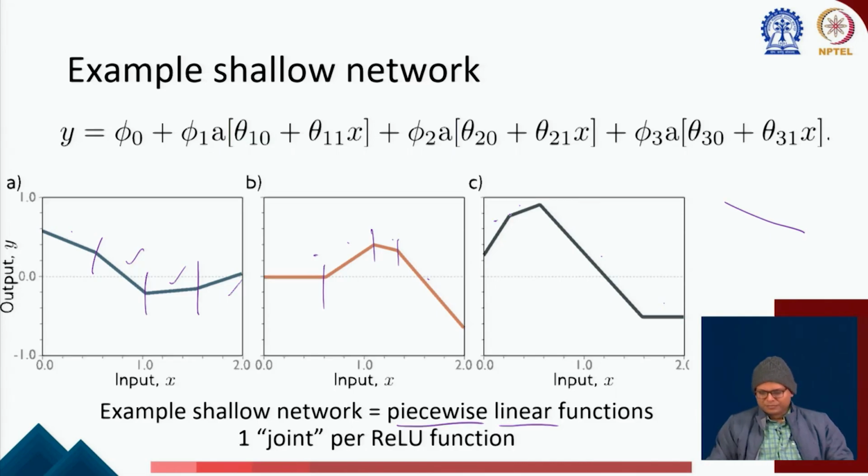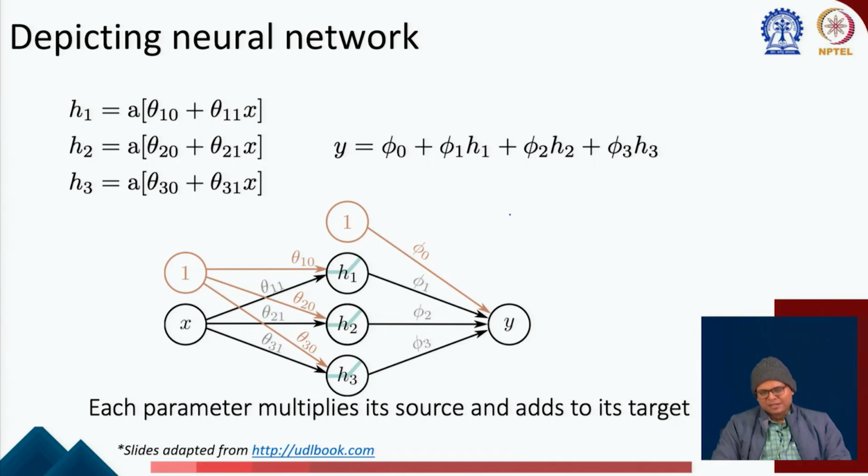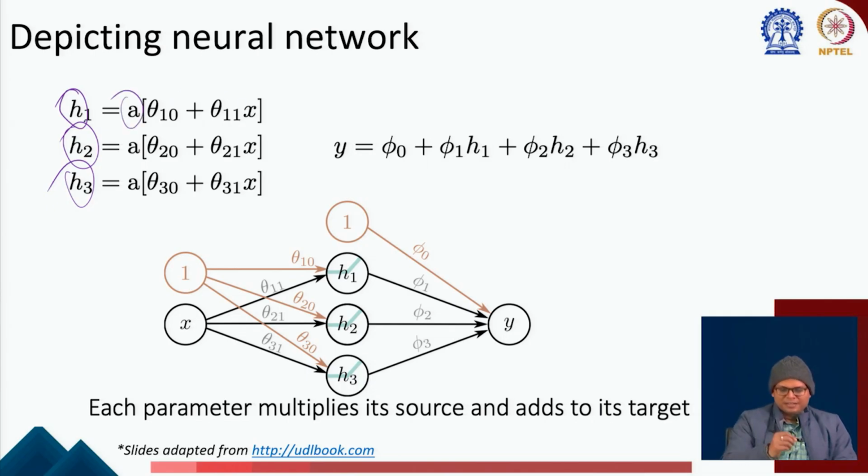Right? Okay. Now, how do I depict a neural network? So, this we saw earlier also. In the shallow neural network, you just have one hidden layer. So you will have some neurons, say H1, H2, H3. Now each one is nothing but a linear regression followed by a nonlinearity, right? And that we are keeping as ReLU.